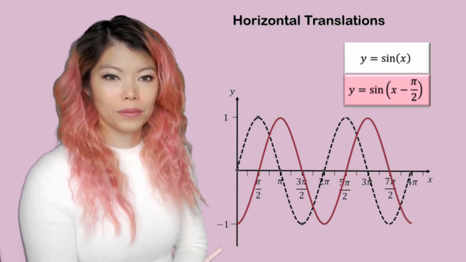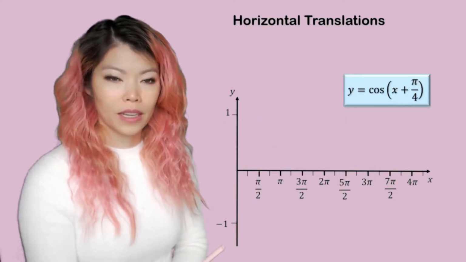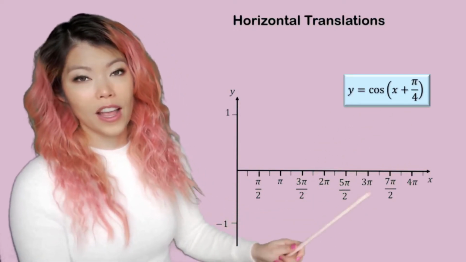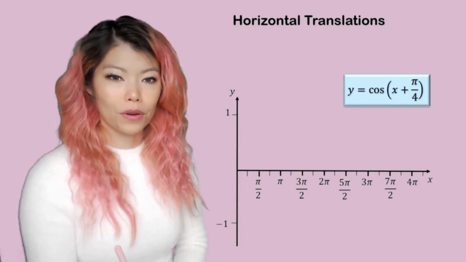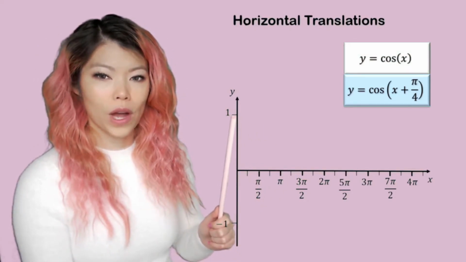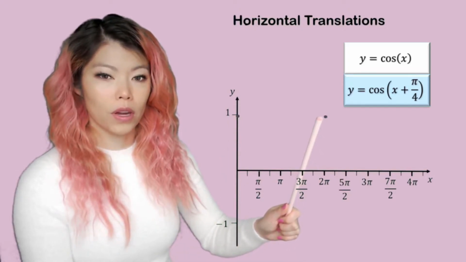Let's do another one. Let's observe what happens with cos. If we had cos (x plus pi on 4), this time we're going to the left by pi on 4. So let's sketch the original graph of cos x that starts at 1, and then after the period of 2 pi it ends up in the same spot.